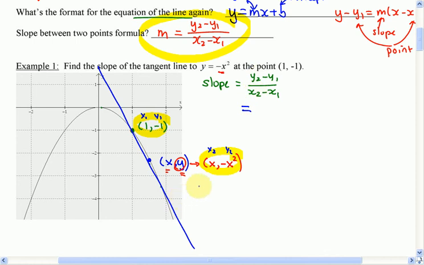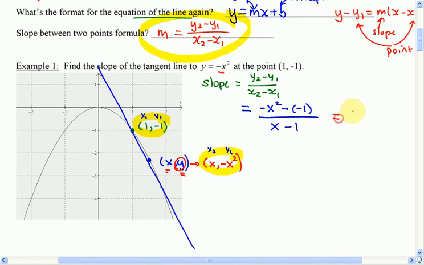Can someone help me out? Negative what? X squared, good. So we're going to go negative x squared minus, now what's y1? Negative 1, good. All over x2, which is my x, and what's x1? Which is 1, good. And I'm going to ask you to please simplify this if you can.